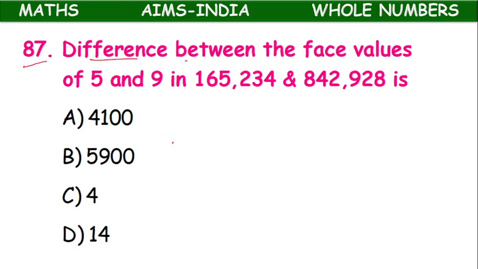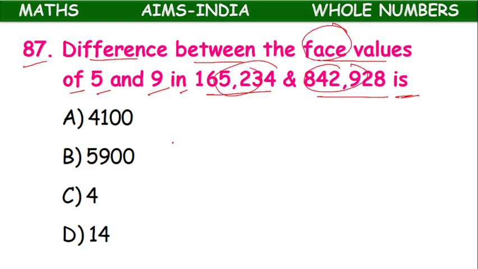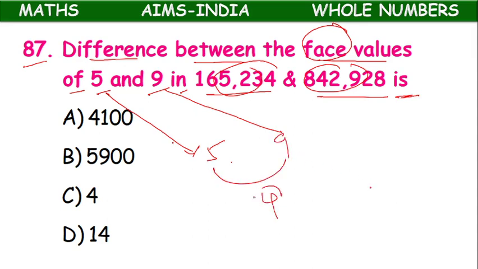The difference between the face values of 5 and 9 in this number is dash. They are asking face value. No need to see these numbers, because the face value of 5 is always 5 and the face value of 9 is always 9. So what is the difference? 4. Option C, 4 is the correct answer.